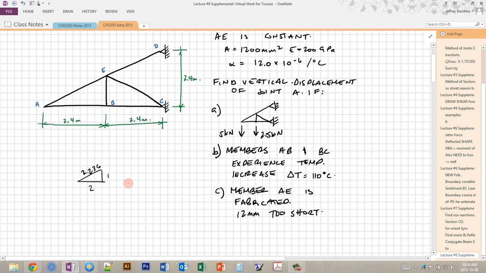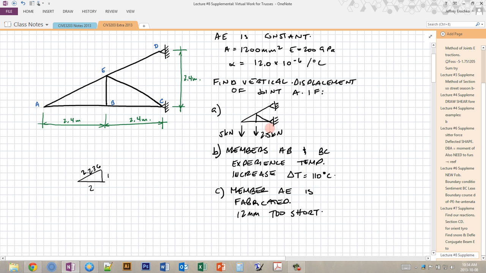And then parallel to that real system, we have a virtual system, and we select that virtual system conveniently such that we can calculate the unknown external deformation in the real system that we're looking for.